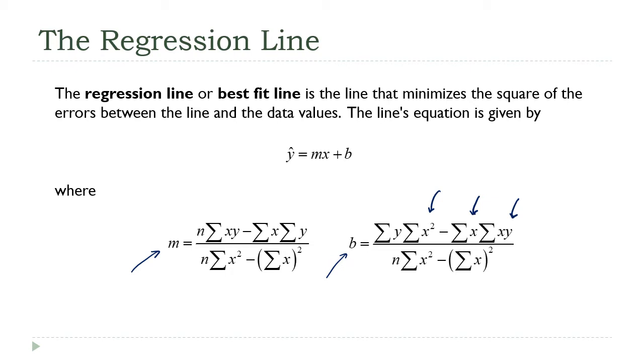Excel has built-in formulas that will calculate these for you. The formula for the slope is SLOPE, and the formula for the y-intercept is INTERCEPT. Now, the one thing you need to be careful of, and this absolutely drives me nuts every time I have to use these formulas, for some reason, the inputs are backwards.